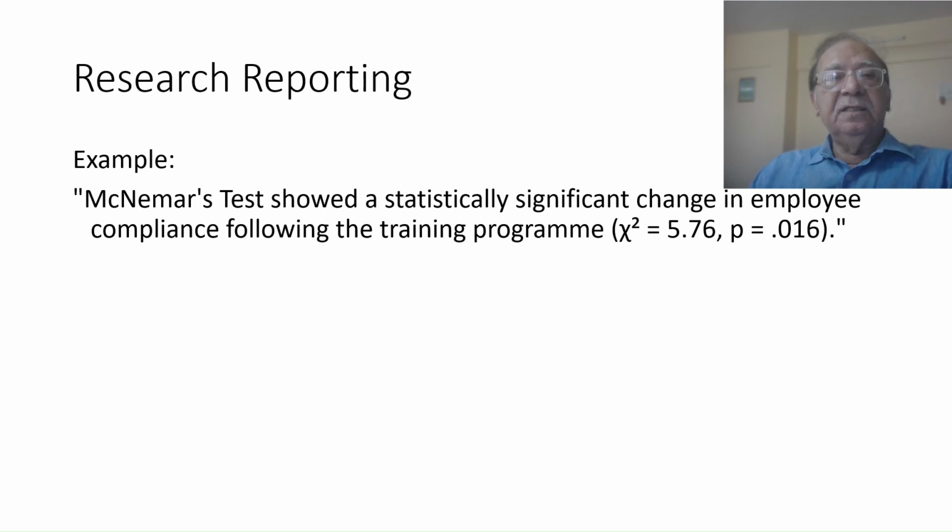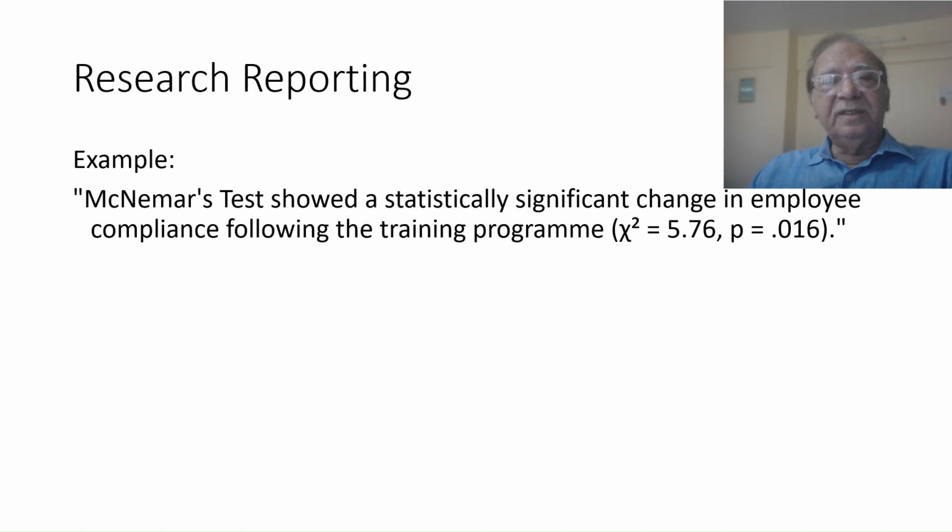Notice that this statement includes the name of the test, the chi-square statistic, and the p-value, followed by a meaningful interpretation in plain language. Avoid writing only 'the result was significant'. A good research report always explains what the statistical result means in the context of the study.